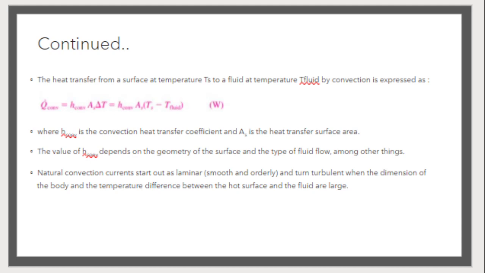The value of h_convection depends on the geometry of the surface and the type of fluid flow, among other things. Natural convection currents start out as laminar, smooth and orderly, and turn turbulent when the dimension of the body and the temperature difference between the hot surface and the fluid are large.